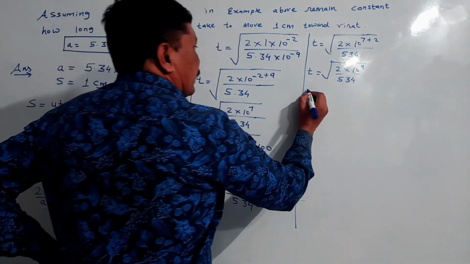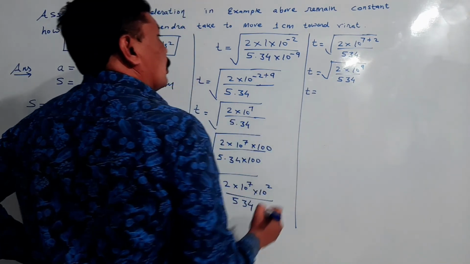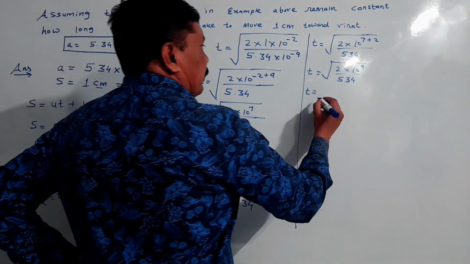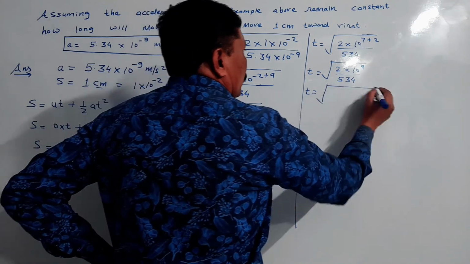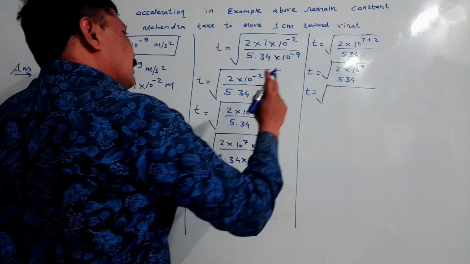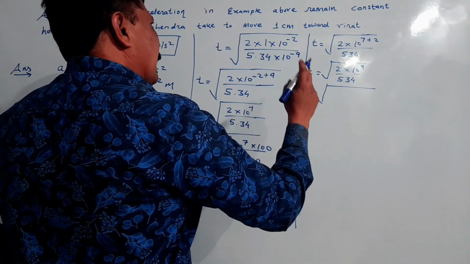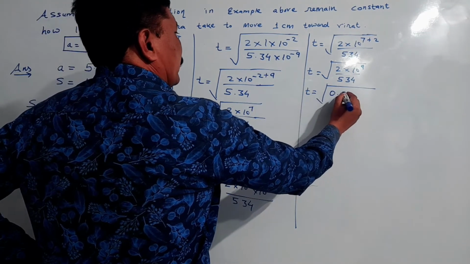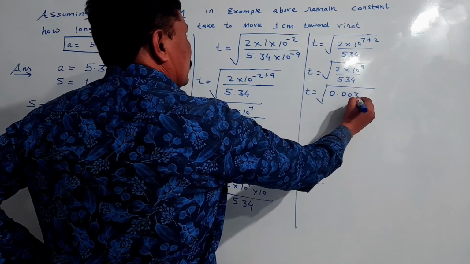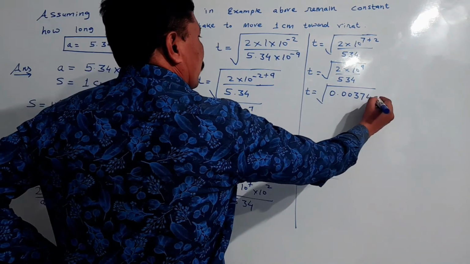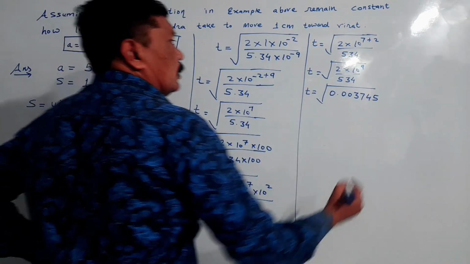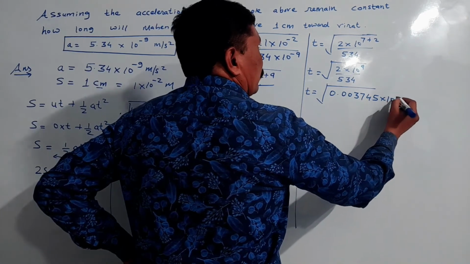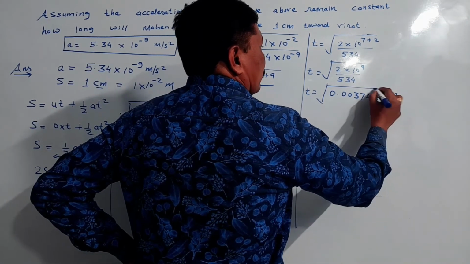Now if we divide 2 by 534 we will get 0.003745 into 10 to the power 9.